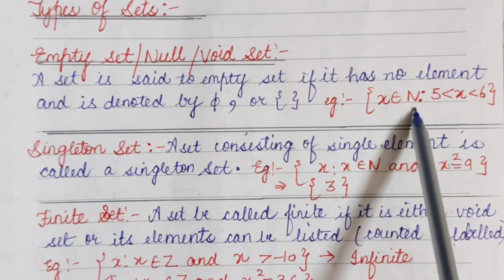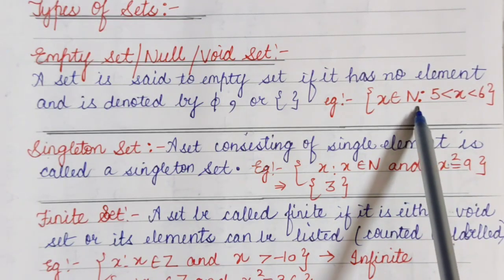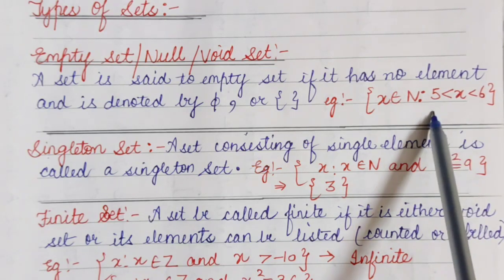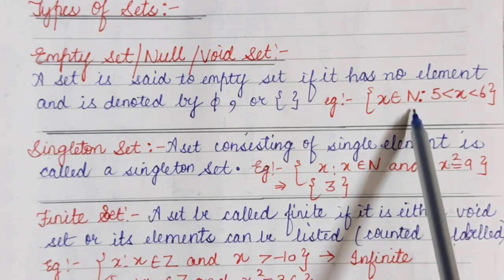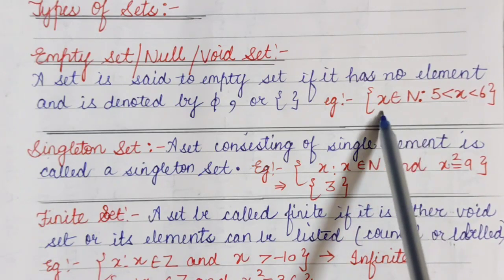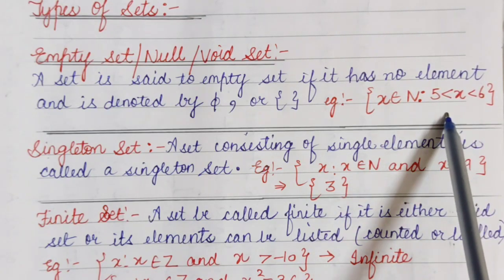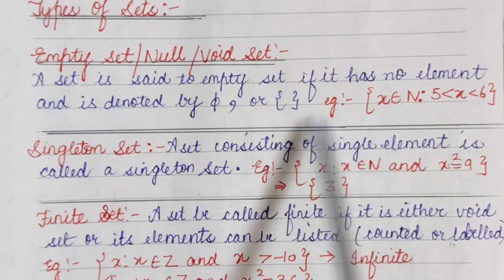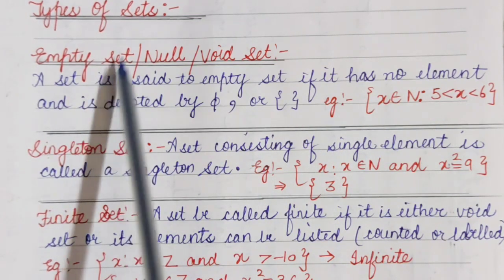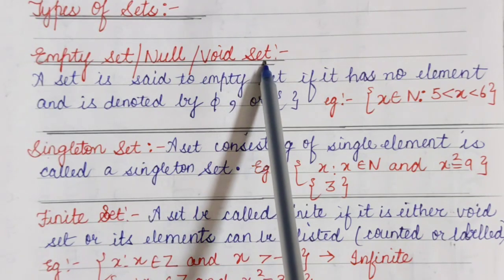But they are asking about the natural numbers. So the number which is greater than 5 and less than 6, there is not a single natural number. It means in this particular set no element is going to come. That is why we will say it is empty set, null set or void set.